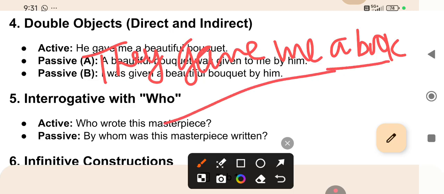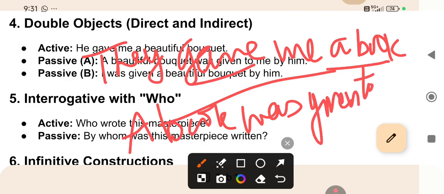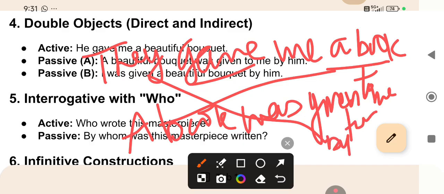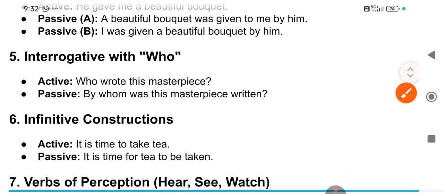Now a book was given, is always was, given to me by them. Now I think you must have understood double objects, double passivization.